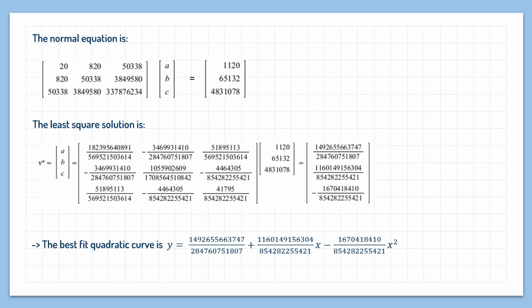Next, the normal equation, which we will have the three final answers for a, b, and c, which are 1,120, 65,132, and 4,831,078. So we got the least square solution, which is y equals to the equation shown in the slide.